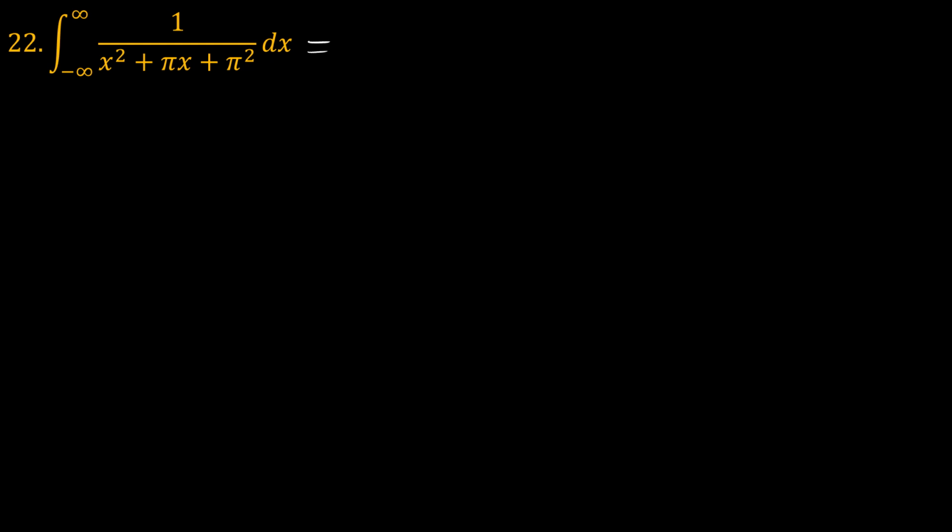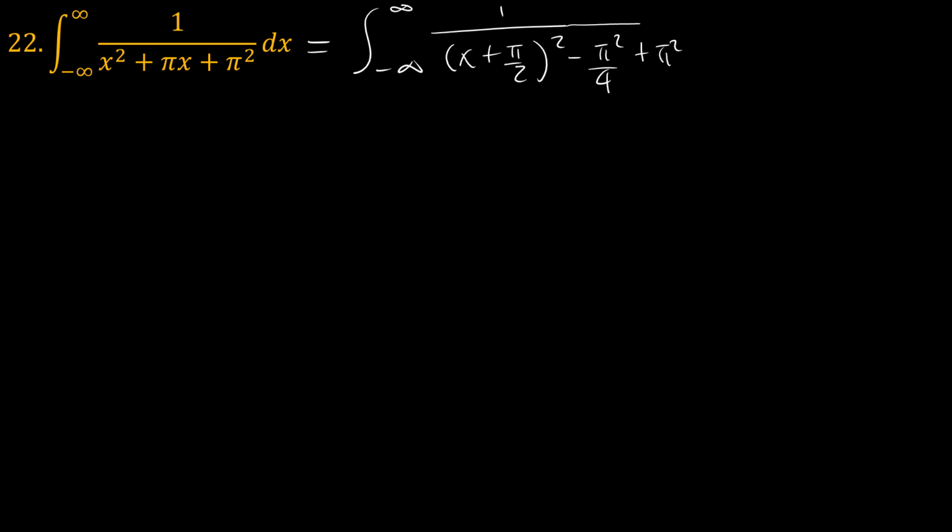This is the same as the integral of 1 over x plus pi over 2 squared minus pi squared over 4 plus pi squared, which is 1 over x plus pi over 2 squared plus 3 pi squared over 4.